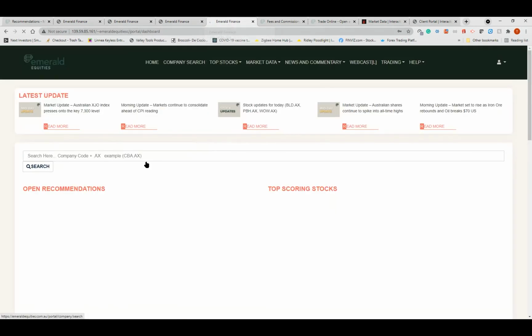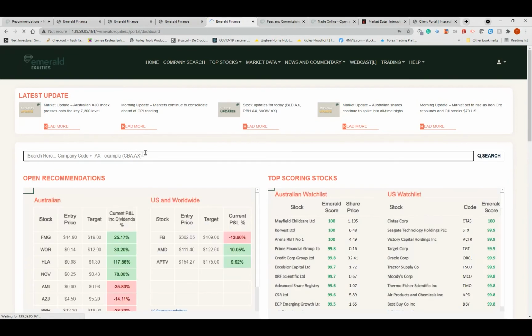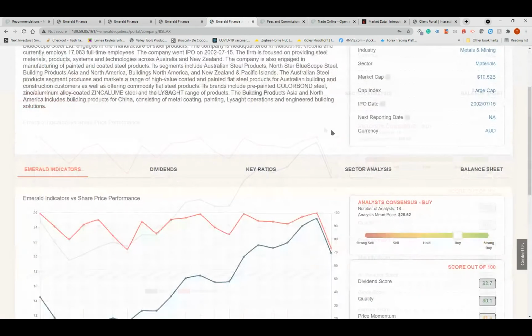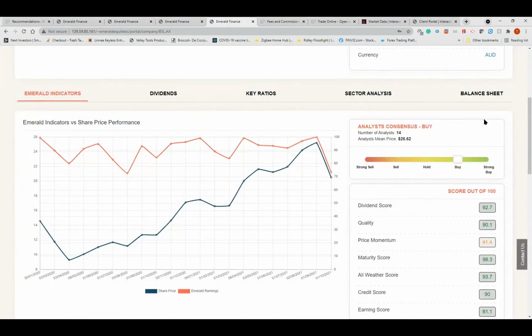I'll just quickly search that up. It was BlueScope we wanted to go into. And don't mind the speed as well here, guys. Once again, this is just a staging website. Once these features all go live to the main website, things will speed up a little bit.